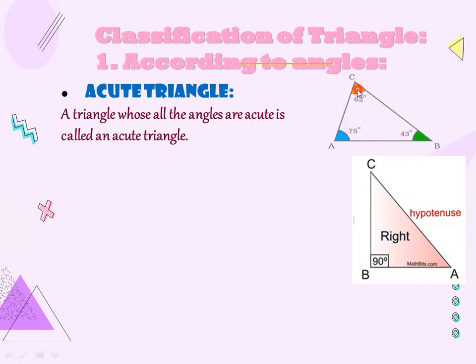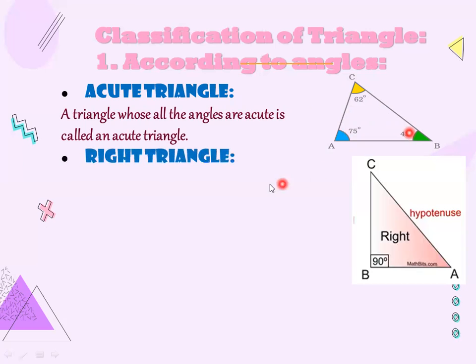The measurement of angle C is 62 degrees, again less than 90 degrees. So all the angles are acute angles, and you will say that this triangle is an acute triangle. Why? Because all the angles are acute. Understand?